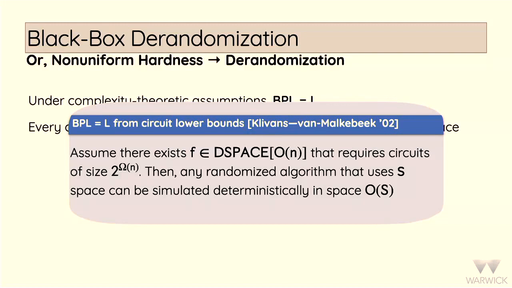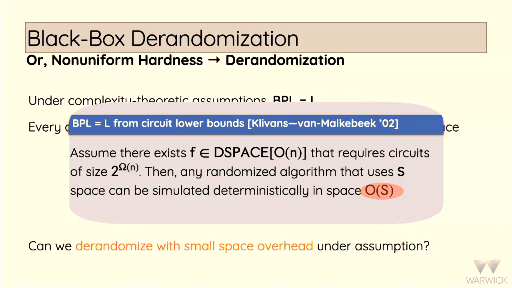Now we're talking about linear space. That requires circuits of exponential size. Then we can take any randomized algorithm that uses S space and simulate it deterministically in space O(S). And again, for roughly the same reasons, the hidden constant is large. And the question we ask today is, can we de-randomize with small space overhead? Under assumptions, of course.